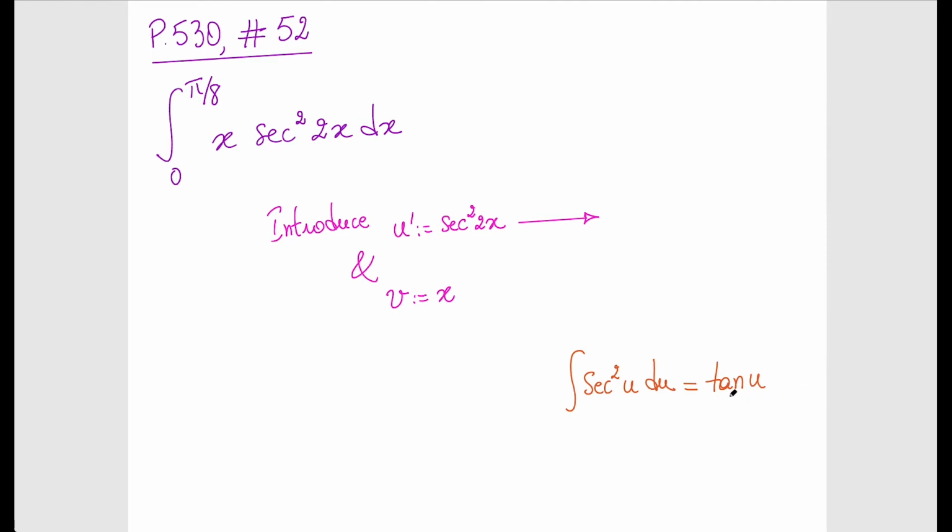Correct? If you differentiate tangent u with respect to x, you're going to get u prime secant squared u, right? Okay. So you get this. And now back to this. We would like to integrate secant squared 2x dx. Agree with me? Because you want to find u.